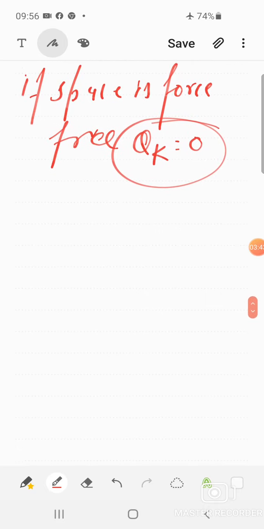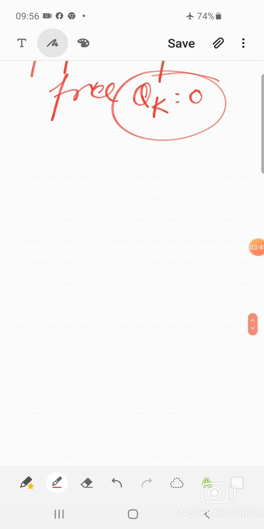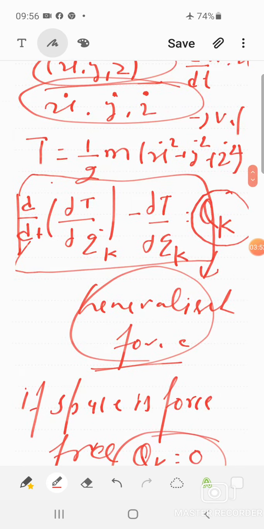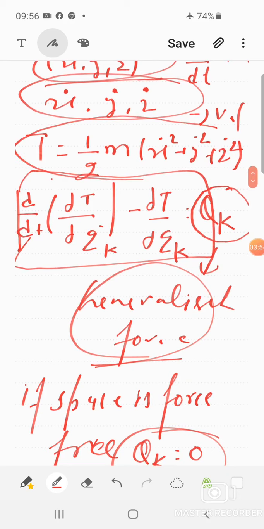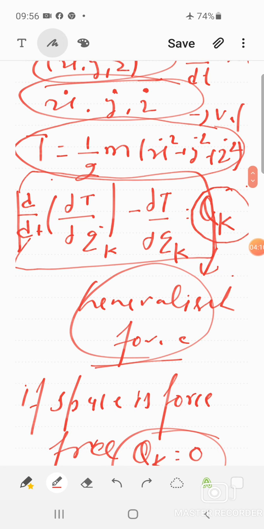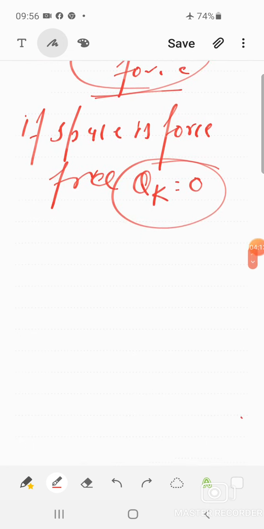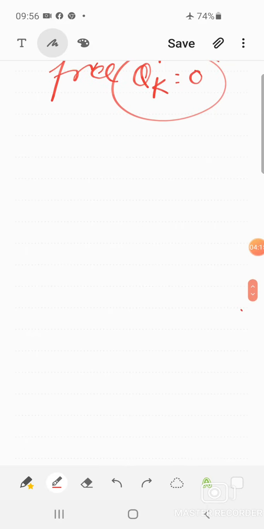Then initially we will find out the kinetic energy T, that is equal to half mv square. We have already found the kinetic energy given by this equation: T is equal to half m times x dot square plus y dot square plus z dot square. That is the kinetic energy. Then we will find out the first derivative of kinetic energy with respect to x, and then x dot.